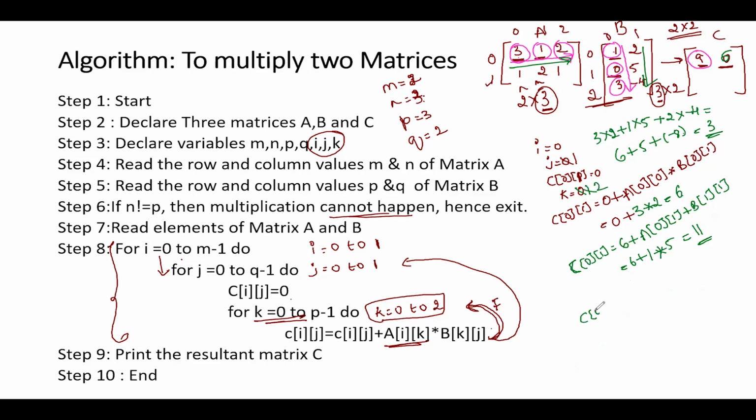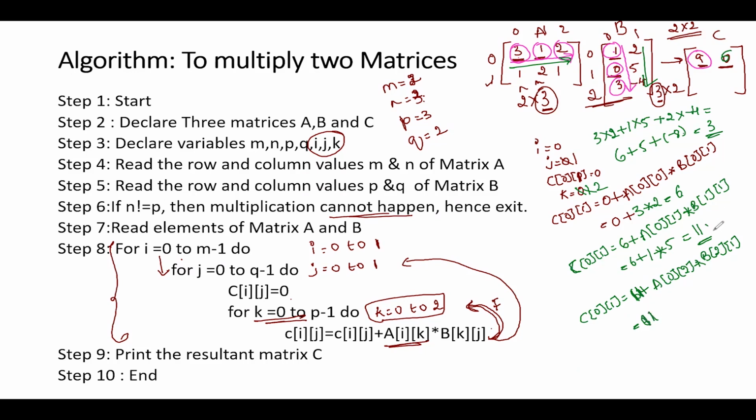So c of 0 comma 1 is equals to 6 plus a of 0 comma 2 plus b of, this is not plus, sorry, this is multiplication. B of, we have 2 comma 1, which is once again nothing but 6 plus, now this is not 6. We have changed the value. This is now 11.